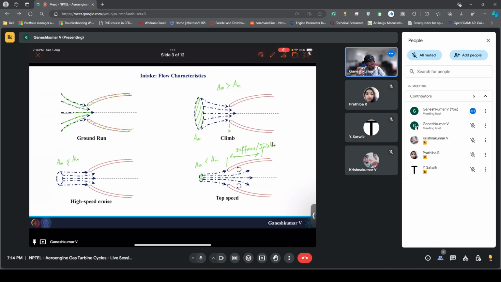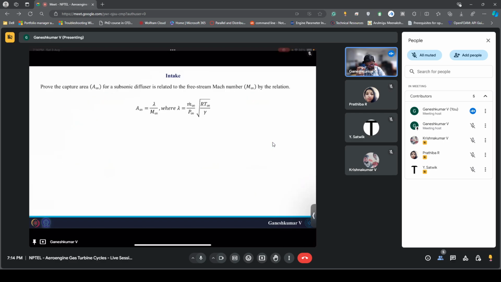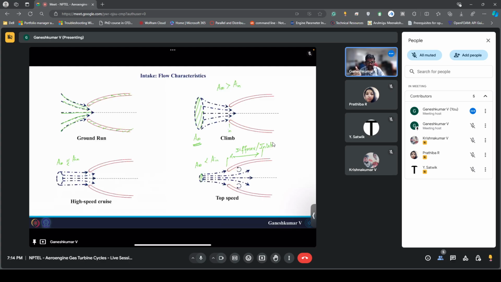Moving forward, here I have a sample question, a simple derivation that you can do by yourself. Prove that... we saw this A infinity in the previous slide. This A infinity is the capture area.